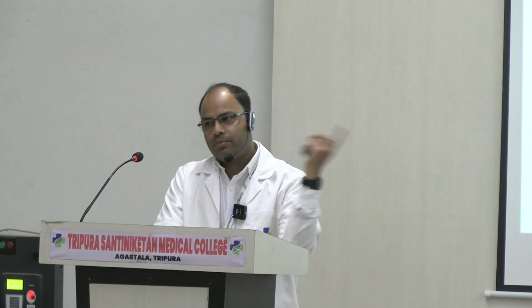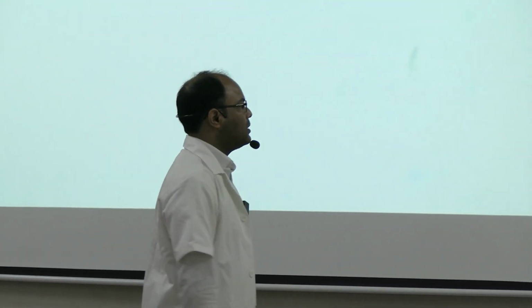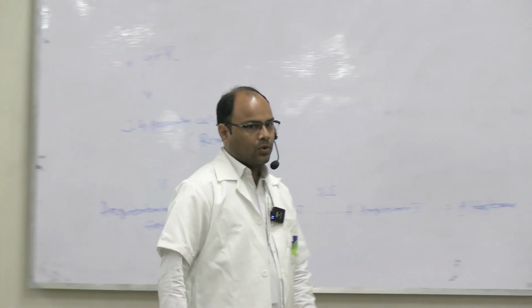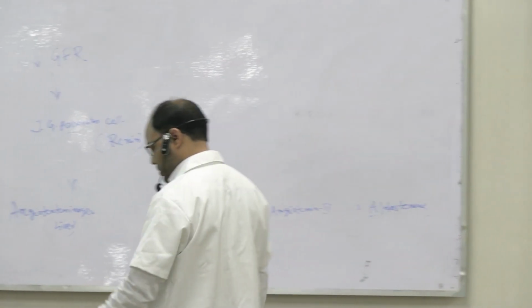This is one of the most important topics, no? Not only in biochemistry, but in physiology, pharmacology, and medicine, everywhere you have heard this term, RAAS system. So we also have some drugs that block aldosterone. Example, spironolactone.